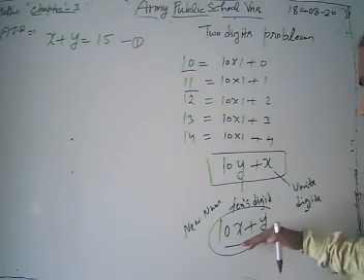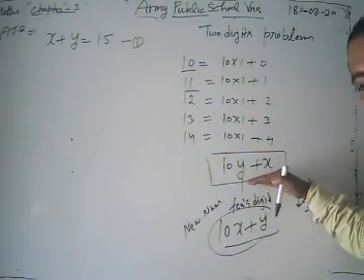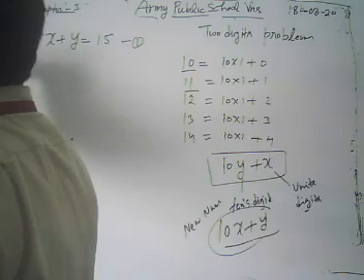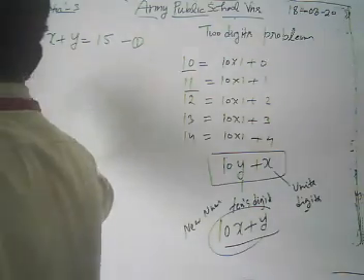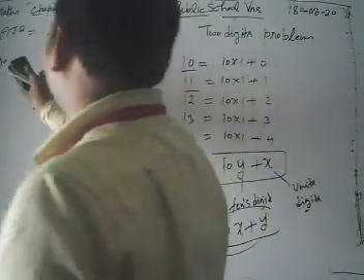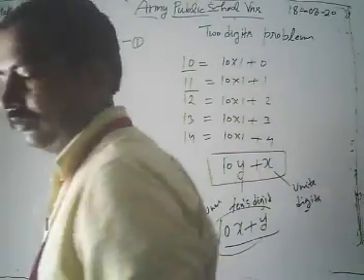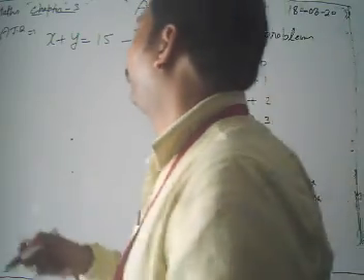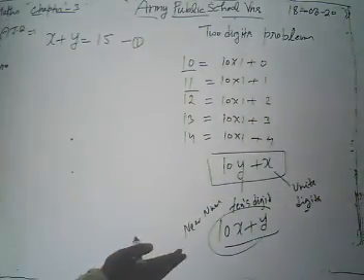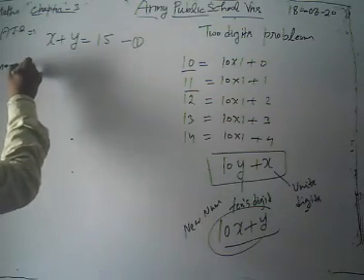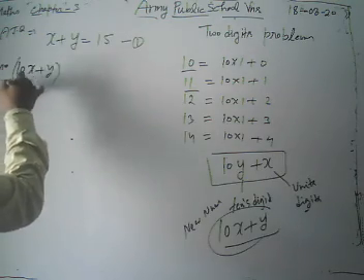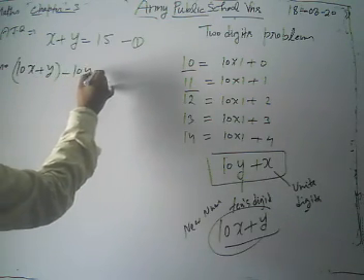So the difference of the new number and the original number is 9. When we interchange our digits, the new number exceeds by 9, meaning 10x plus y. The difference of the new number and the original is 9.